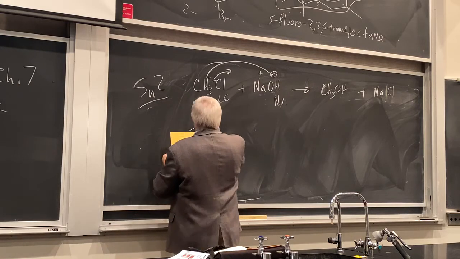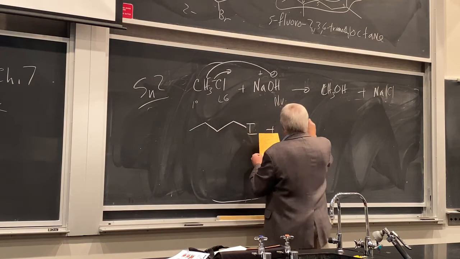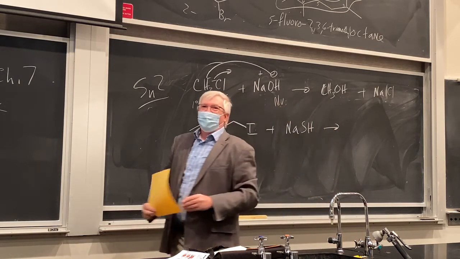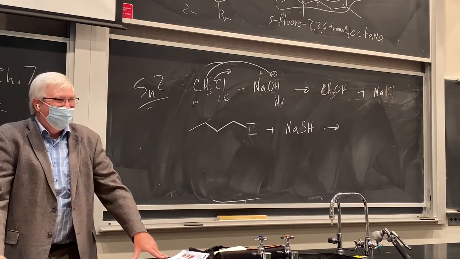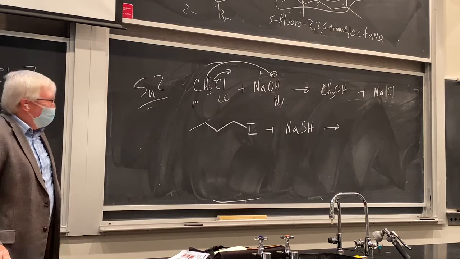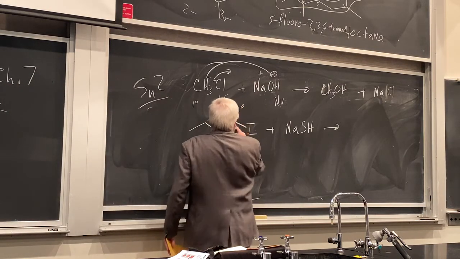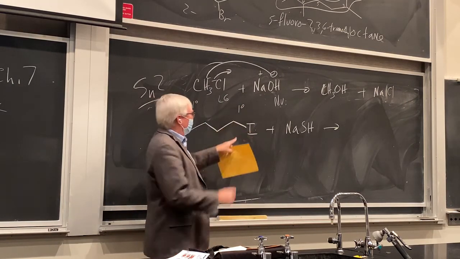Here's another one. How about this iodide plus sodium sulfide going to what? Okay. Now maybe we'll throw in the idea of, well, what's the product? Okay. So you already see the primary iodide, okay? And, you know, that's electronegative also. That's partially positive, right?